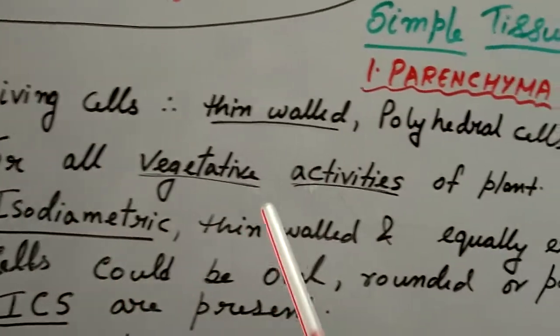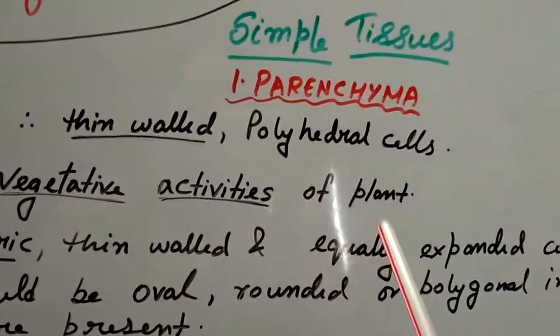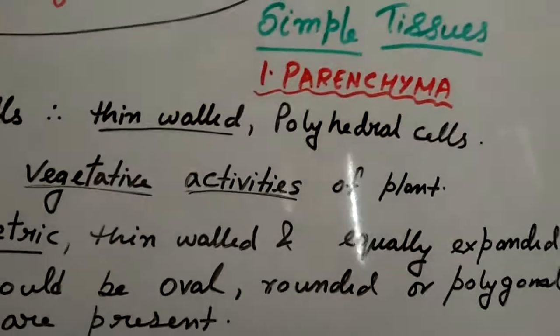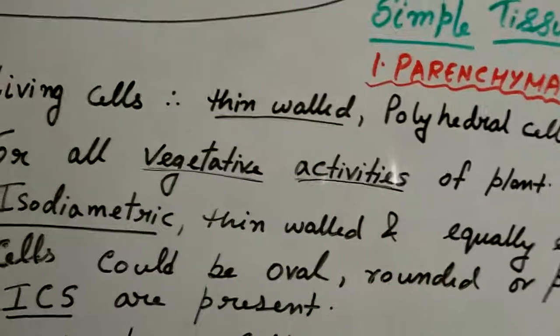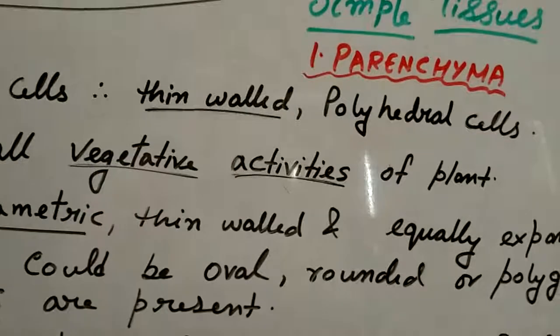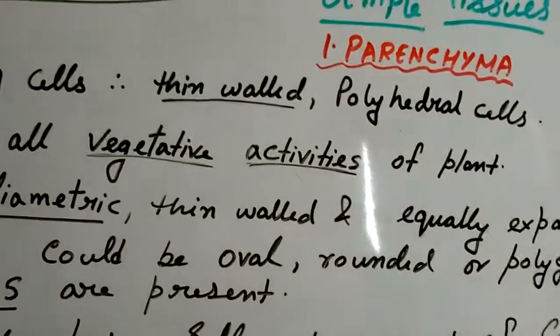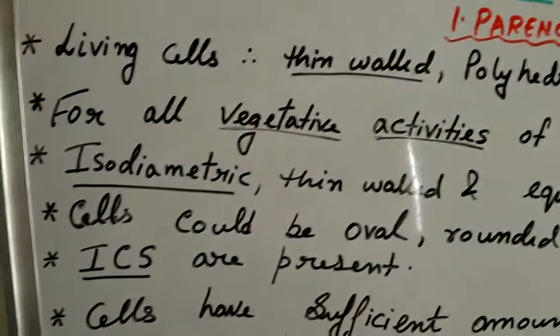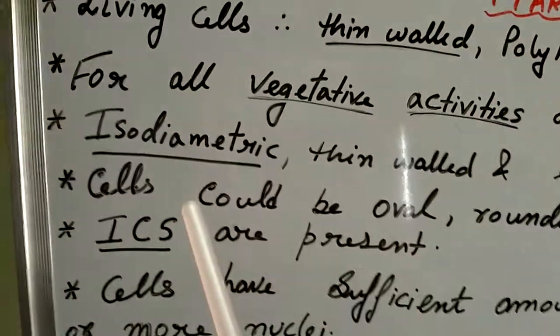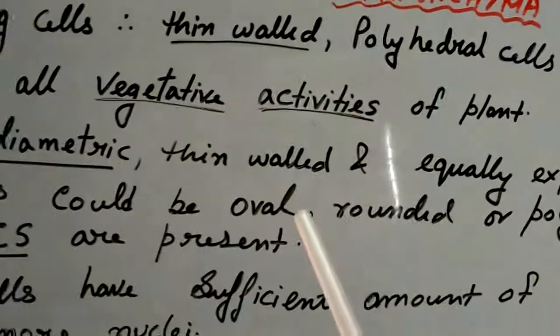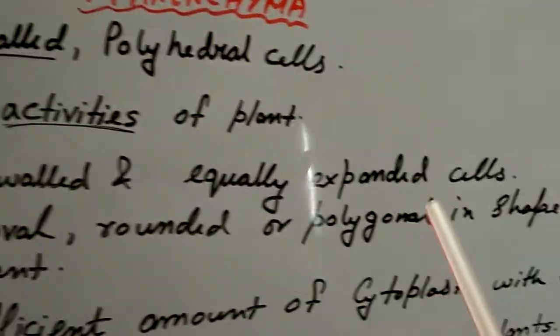The second point is, for all the vegetative activities of plant, parenchyma tissue is needed. So parenchyma tissue is involved in all the vegetative activities, vegetative propagations of plant. Isodiametric, thin-walled, equally expanded cells.